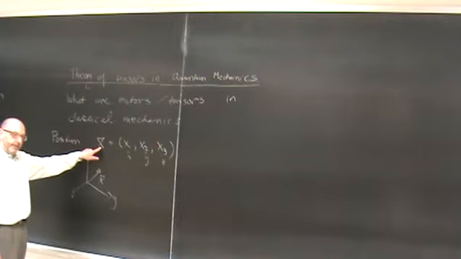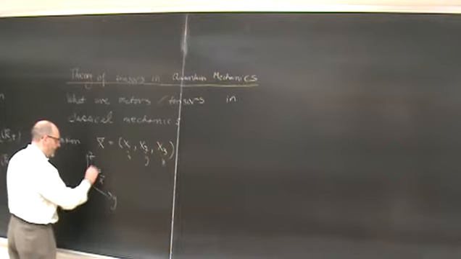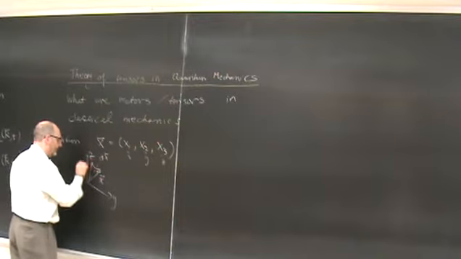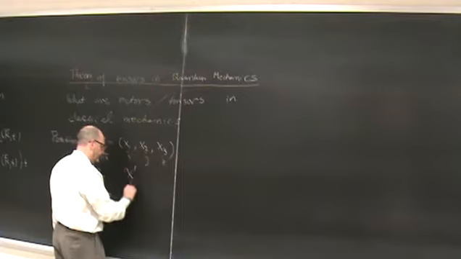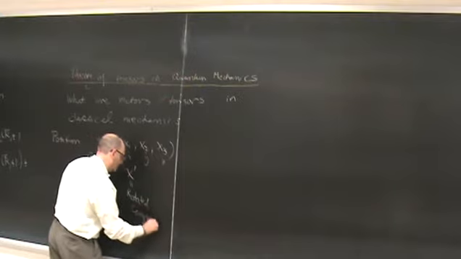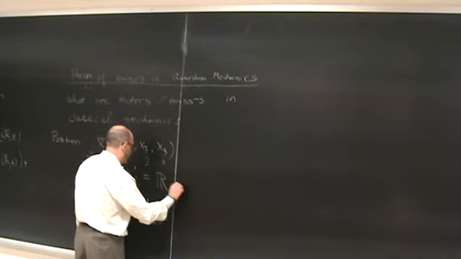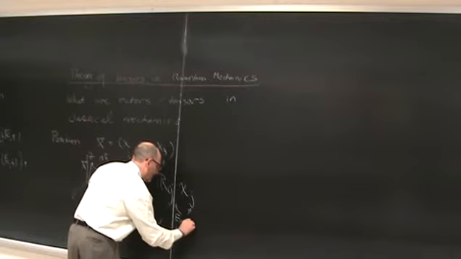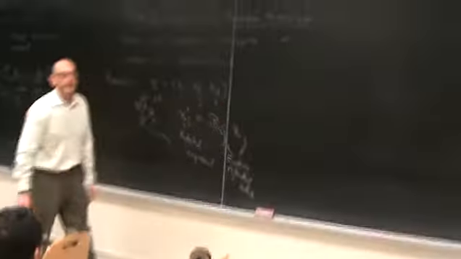The property of this vector is that if I change the basis, and in particular if I change it in such a way that I rotate the vector, so this is an active rotation of the vector, the new components of the rotated vector are related to the old components by a rotation matrix, right? So I'm going to use the Einstein repeated index summation convention that I'm very familiar with.